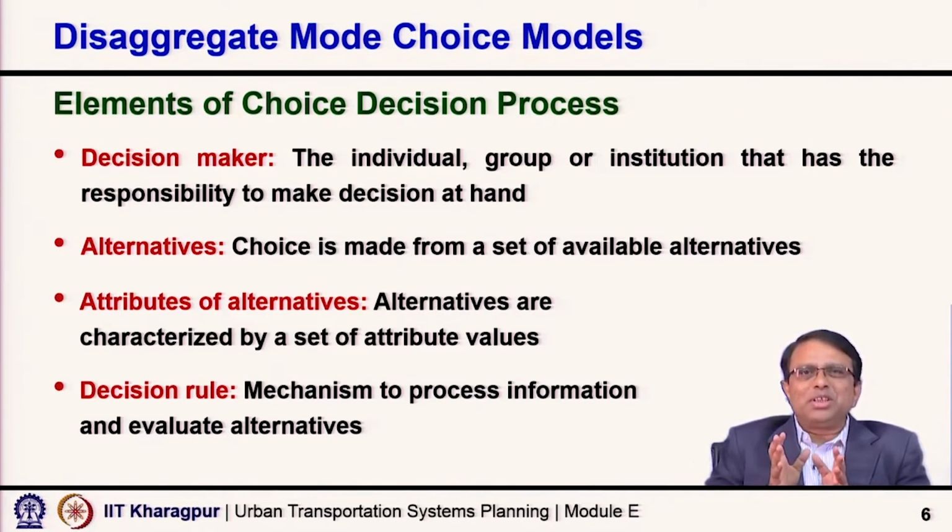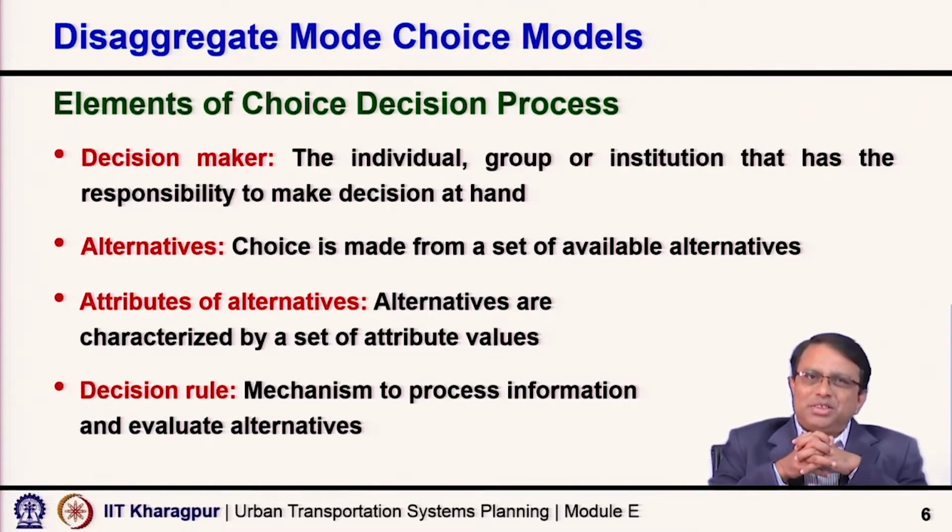So, the decision is made based on certain decision rules. How the decision happens, that is the mechanism. So, there are 4 key elements: decision maker, alternatives, attributes of alternatives, and then decision rule.